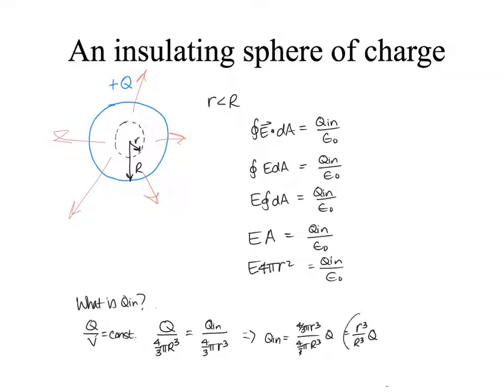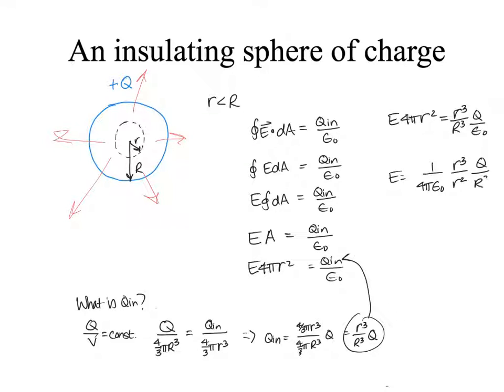So I'm going to go back and put this right here. So I get E times 4 pi little r squared is equal to r cubed over big R cubed times Q, over epsilon naught. And if I solve for E, I get 1 over 4 pi epsilon naught, r cubed over r squared, Q over big R cubed.